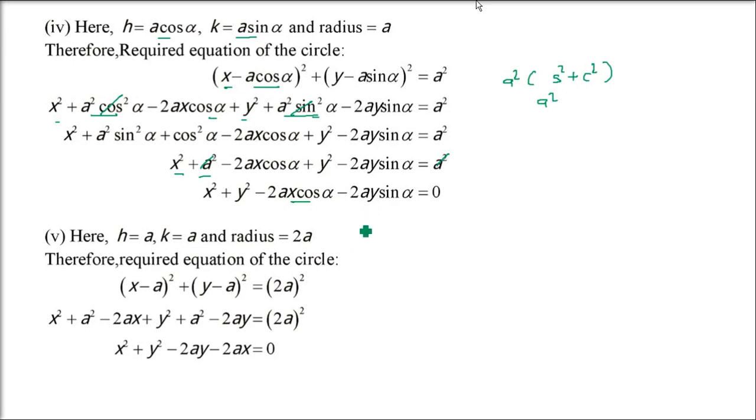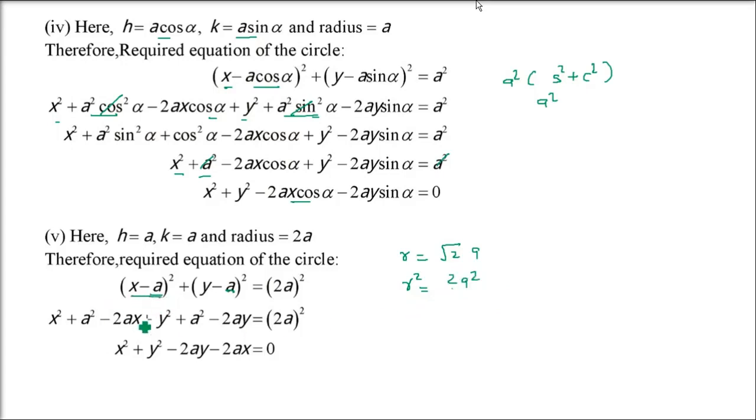The next one: the center is (a, a) and the radius is root 2 a. So put h and k as a, a, and the radius is root 2 a. So just put this square: r square will be root 2 whole square, which is 2, times a square, so this is 2a square.